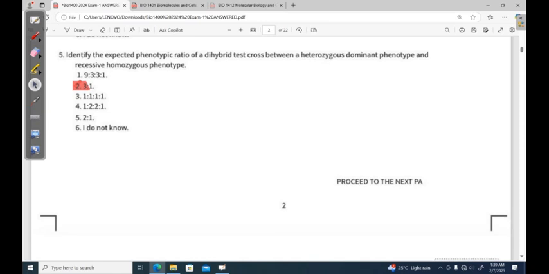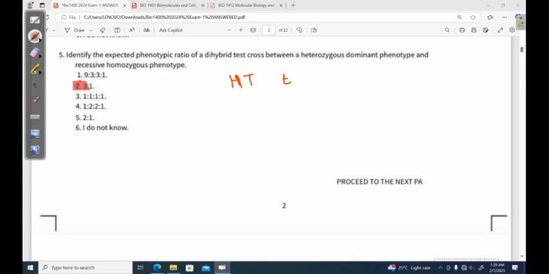Identify the expected phenotypic ratio of a dihybrid test cross between a heterozygous dominant phenotype. So for instance, if you have this heterozygous dominant, this is just an example, and a homozygous recessive.